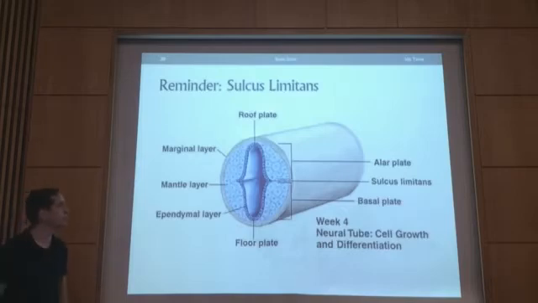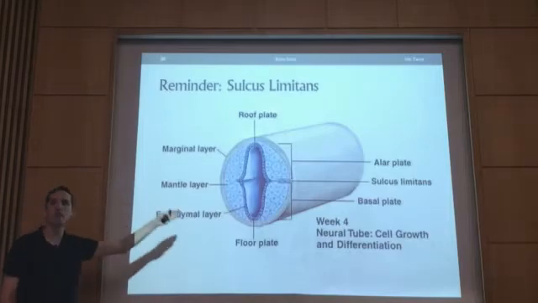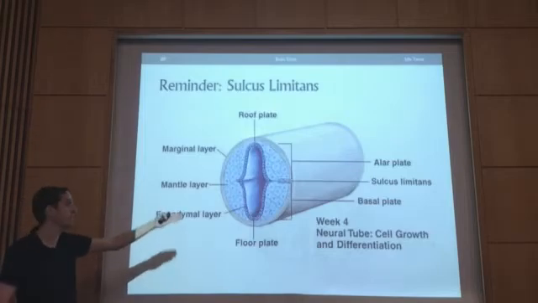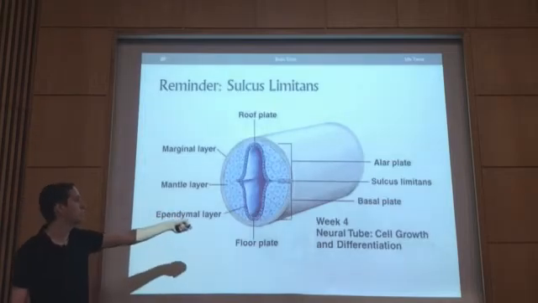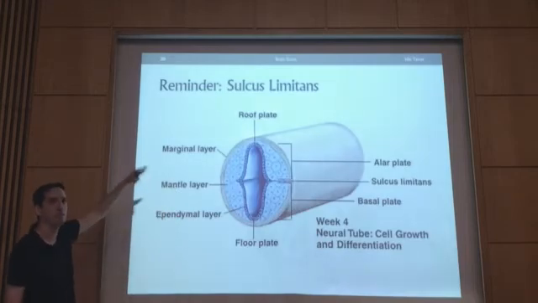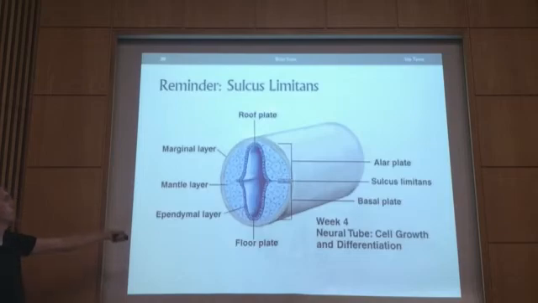So during development, this is the neural tube, and the bottom is the ventral aspect of the neural tube, and this is the dorsal aspect. So the orientation in the embryo is like a tetrapod. So the ventrum is in the inferior aspect, and the dorsum is in the superior aspect.